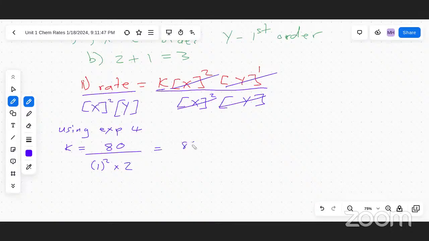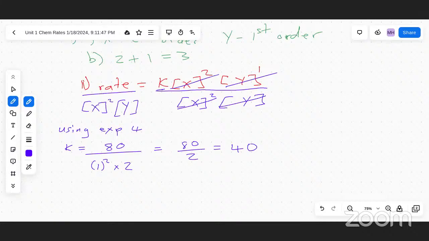So that's 80 divided by 2, which is 40. Do you get 40 for your answer as well? Yes, sir.